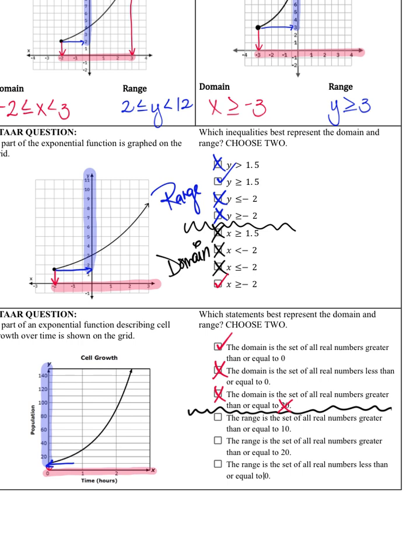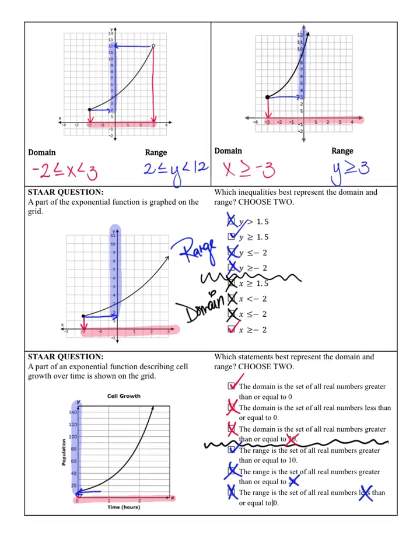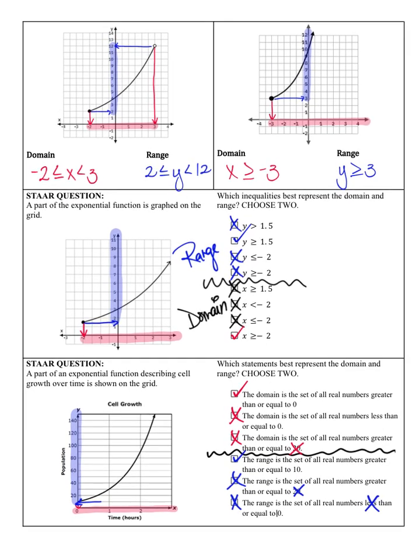Okay, maybe. Let's keep that one in mind. It says the range is a set of all real numbers greater than or equal to 20. Well, we know 20 is not where it starts, so it can't be that one. It says the range is a set of all real numbers less than or equal to 10. Well, it's not going smaller, so the first answer choice is correct. If you have any questions on how any of this works, please let me know.